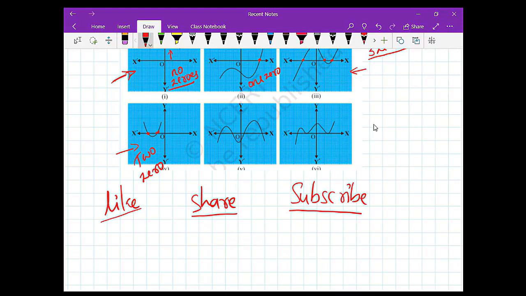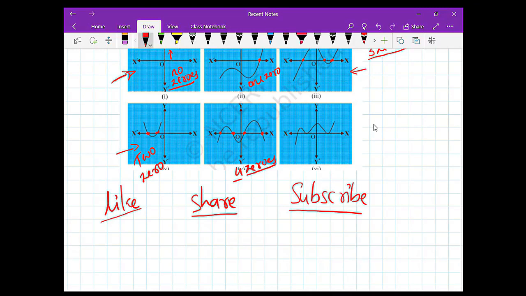See, this curve is intersecting this x-axis. How many points? This is 1 point, second point, third point, fourth point. It means four zeros are there. You need not necessarily name the polynomial. That is optional. You only have to tell the number of zeros by looking at the graph where the curve is intersecting the x-axis.